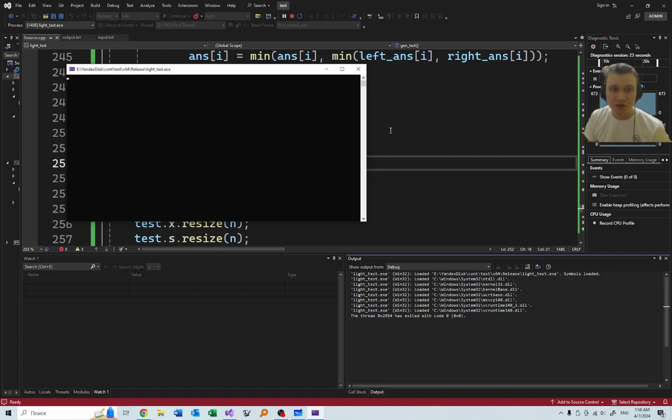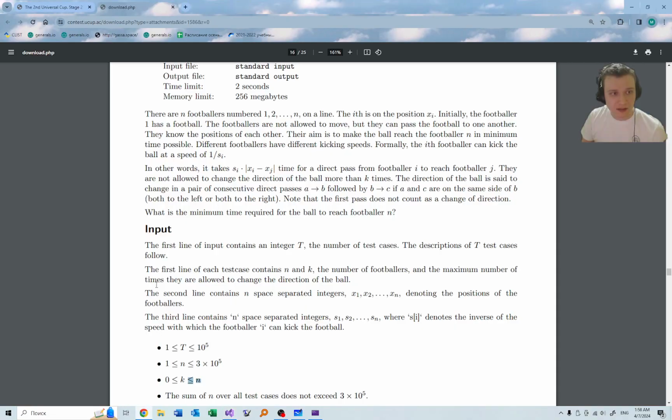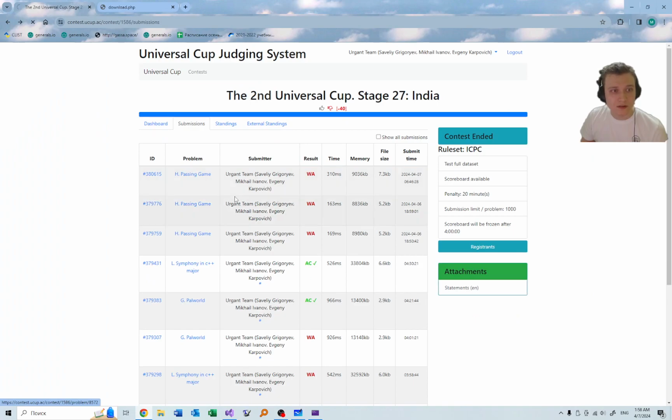The combination is not convex, but separately they are convex. Maybe I just cannot find the test. So we need to try to submit it.